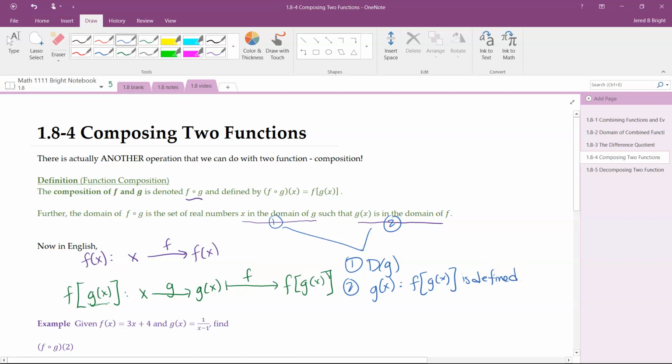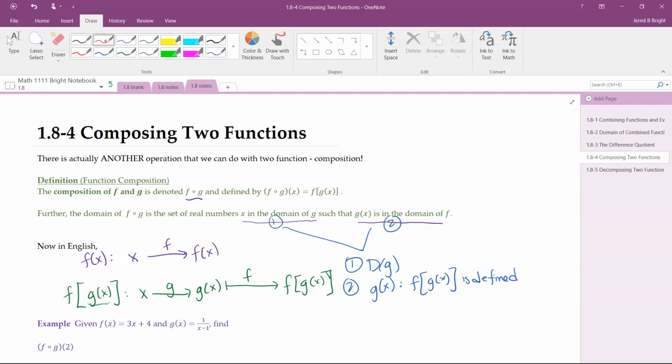In practice, the first one's really easy to do. We've been doing that in the other videos. The second one is not exactly easy, or the language gets in the way of understanding how to do this mathematically.